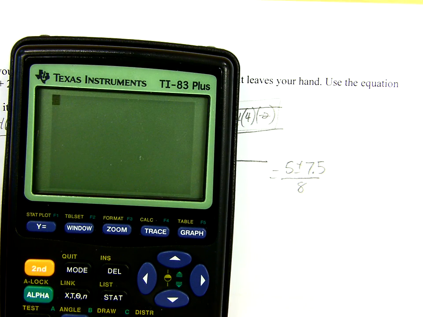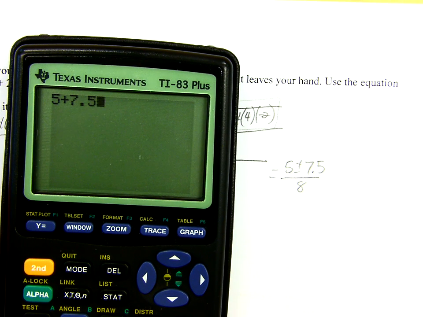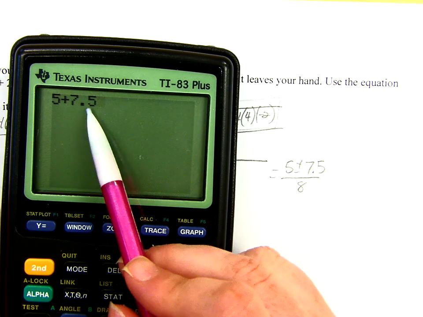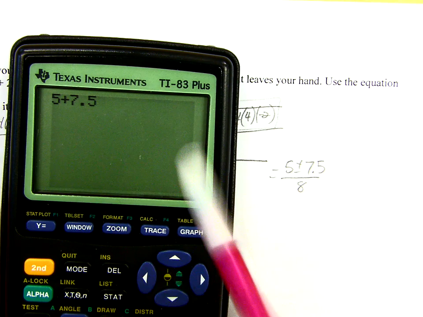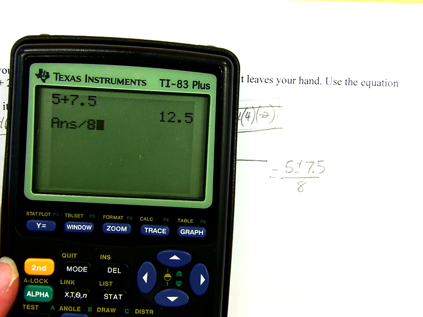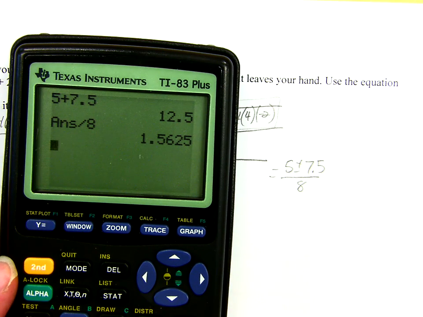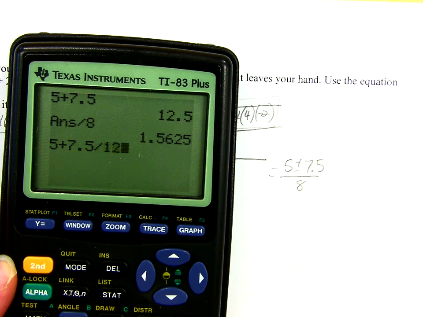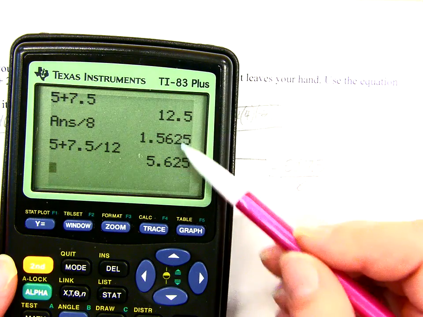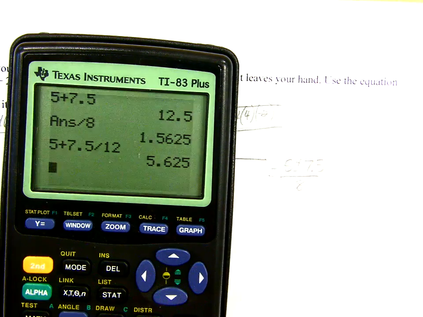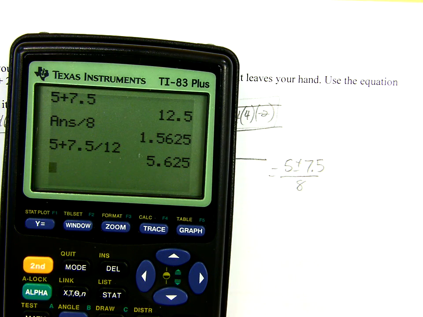This is very, very important. If you do 5 plus 7.5, you can't hit divide by 8, because it's only going to divide this number by 8. To do it, enter, and then divide by 8. You get a totally different answer. You need to divide the whole thing by 8.